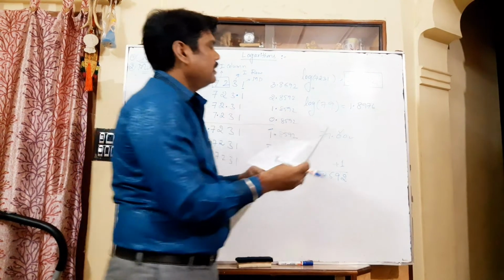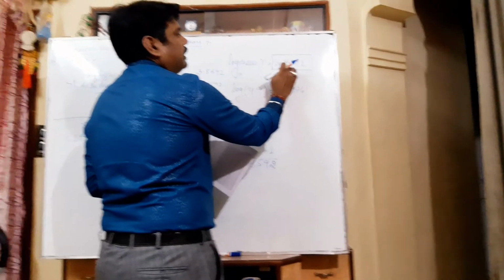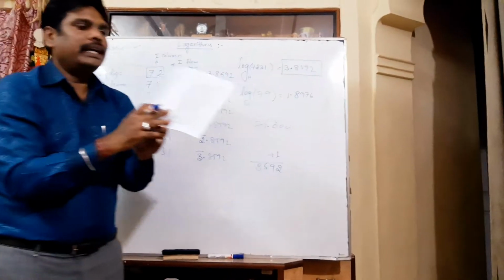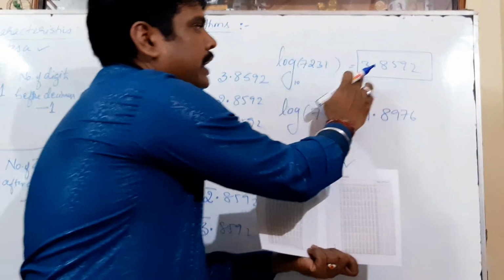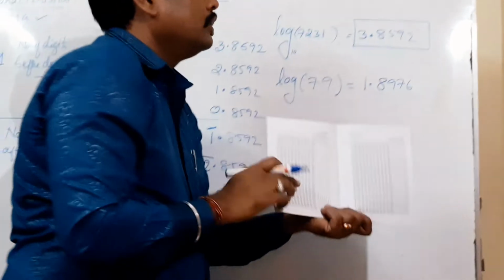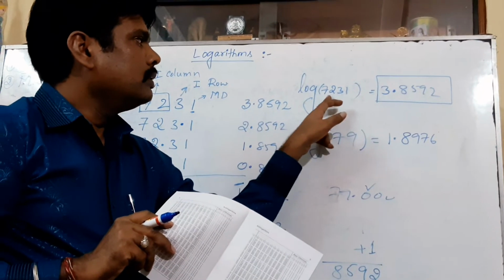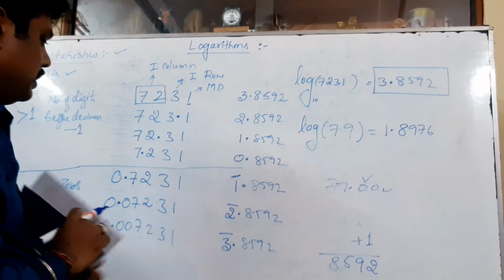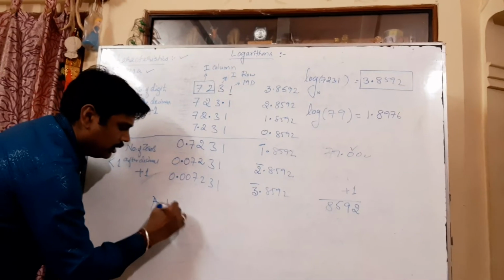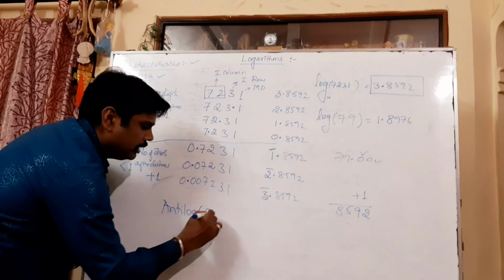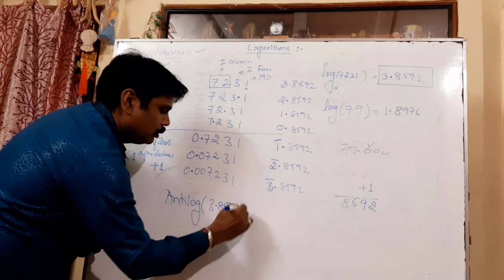So if I want to get this original number from 3.8592, I have to take the anti-log of 3.8592. We have to search for that.